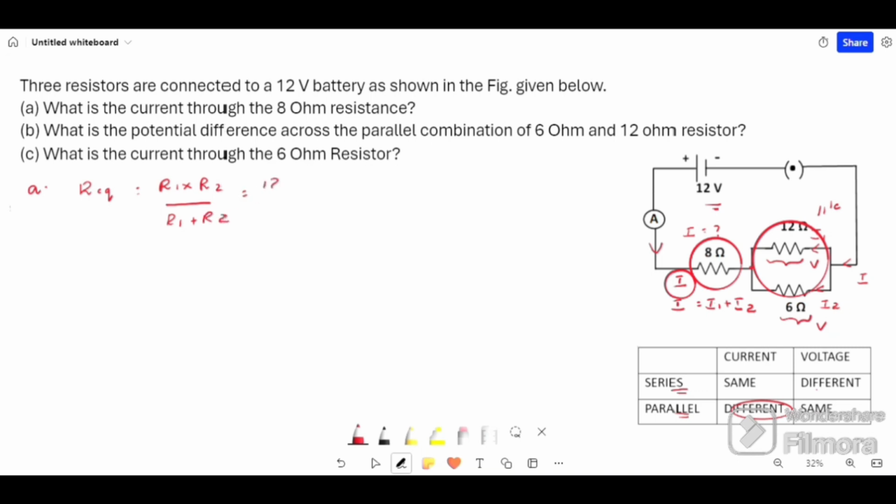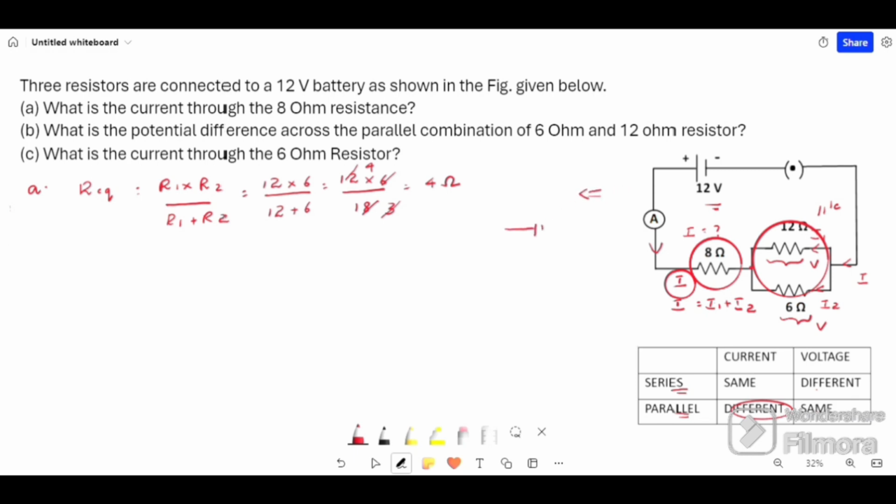So 12 into 6 by 12 plus 6, which will be 12 into 6 by 18. So 6 ones are 6, 6 threes are 18, 3 ones are 3, 3 fours are 12, which will be 4 ohm.